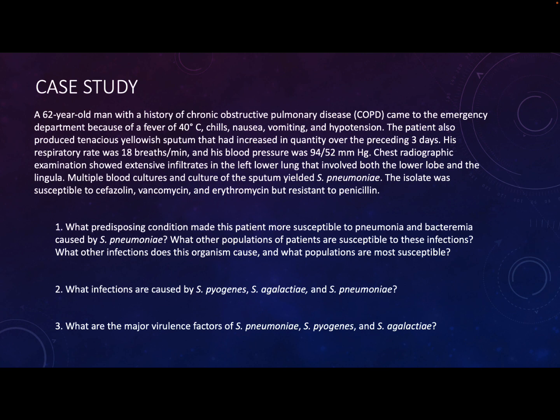What other populations of patients are susceptible to this type of infection? Immunocompromised. Who gets the vaccine? Children and the elderly. Very good. And maybe pregnant women too? Not this one. But yes, we'll get to pregnant women.